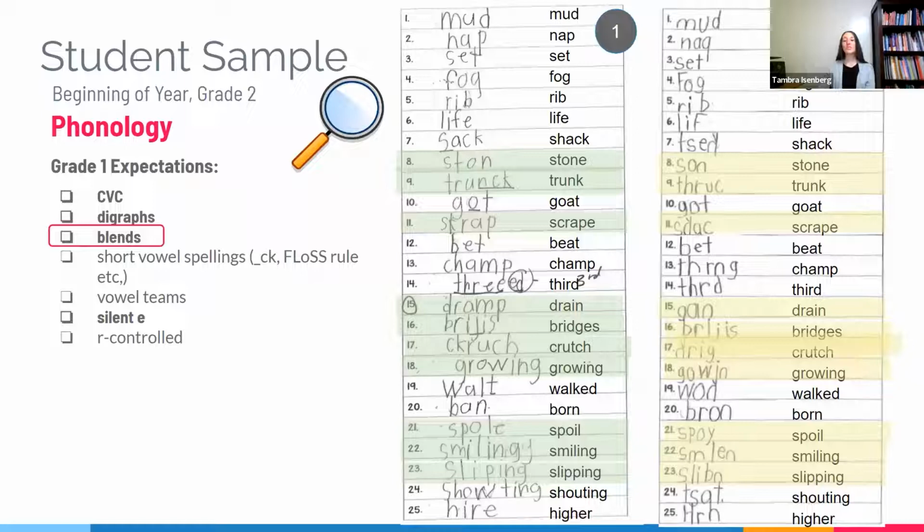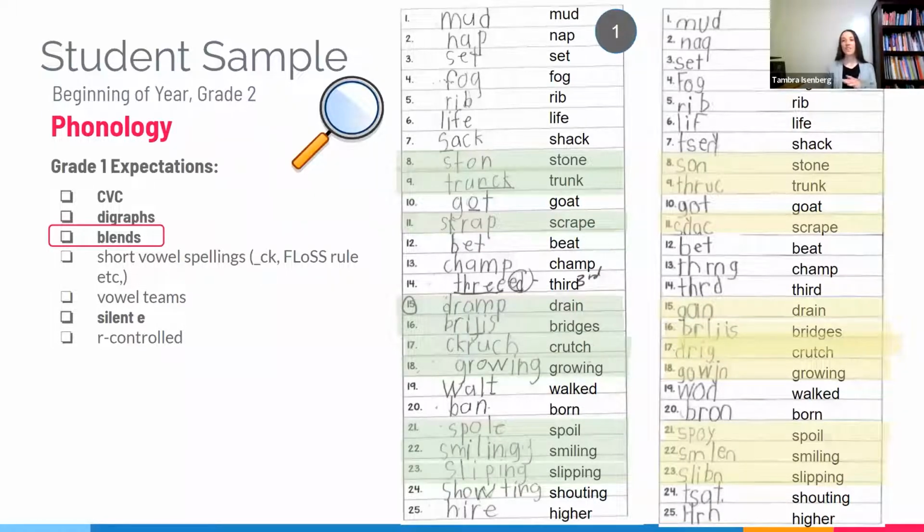The student seems to struggle when there are more than 3 sounds, and this could be due to maybe limitations in the student's phonological working memory. They might be having difficulty holding on to all of those sounds in their short-term memory. But something else to note is that they are frequently missing the internal consonants in consonant blends or clusters.